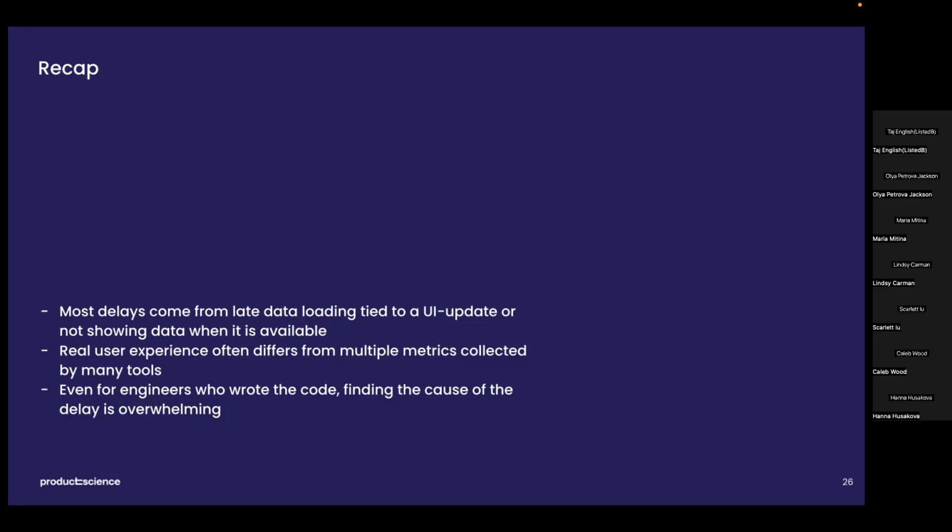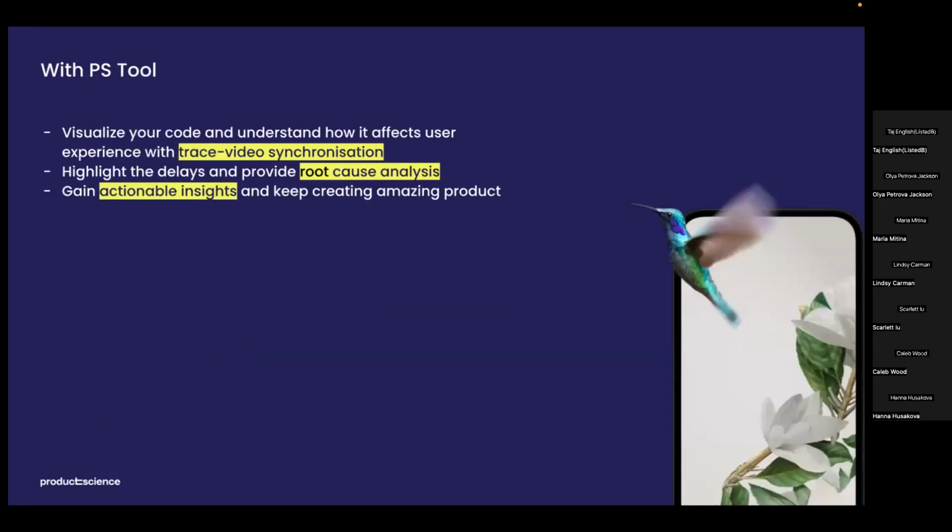So even though everybody wants to create a performant and efficient product, it's not always easy to get to that point. And here is where PS Tool comes in, because PS Tool allows you to visualize your code and understand how it affects user experience, thanks to our unique trace video synchronization feature.